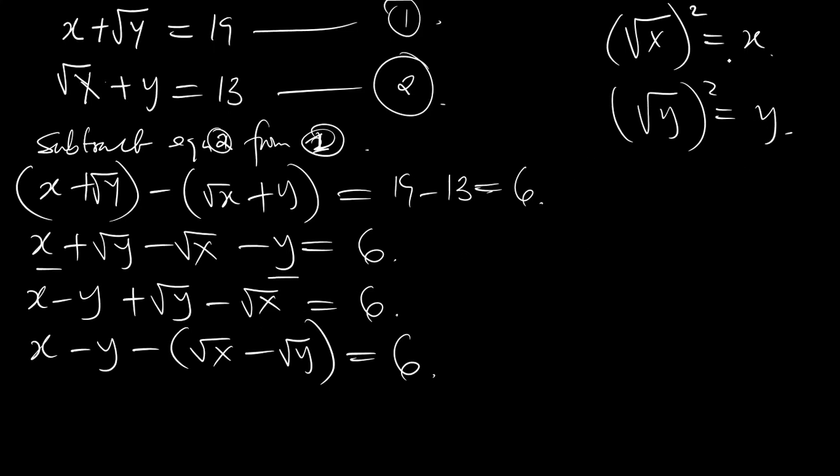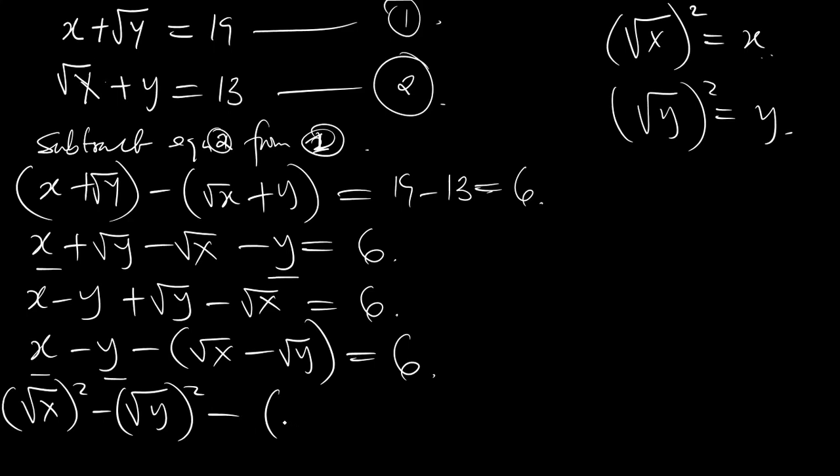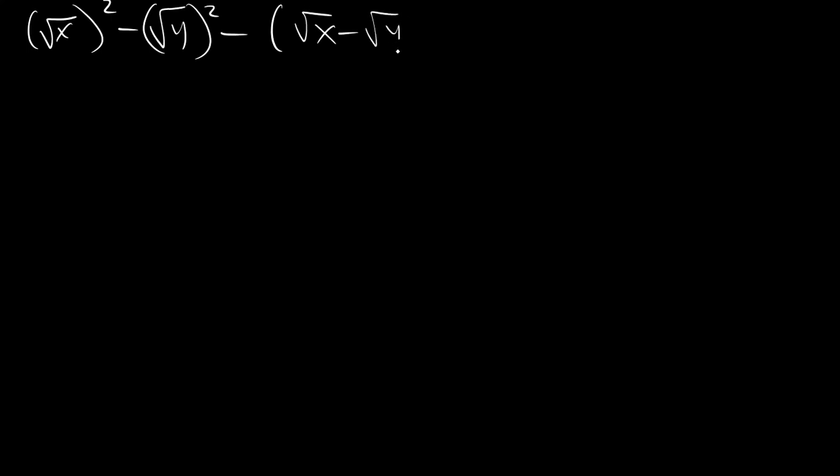Applying that rule here to replace this, we have the square root of x all squared minus the square root of y all squared minus the square root of x minus the square root of y equal to 6.